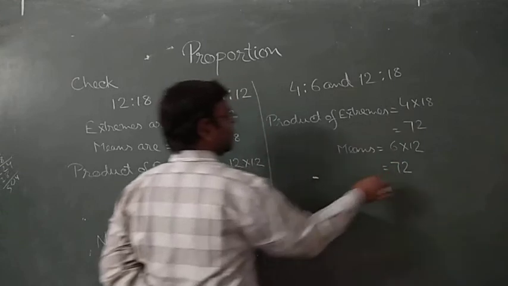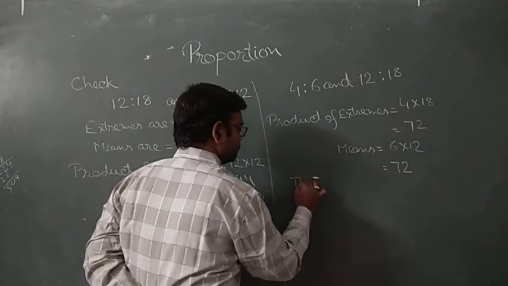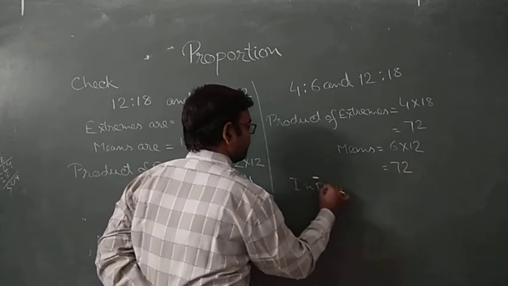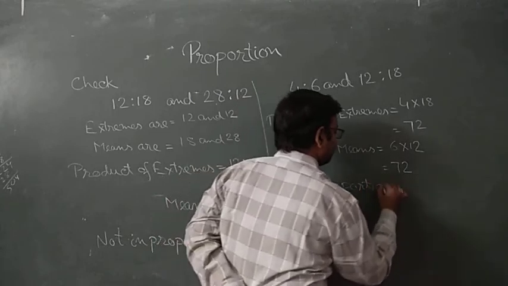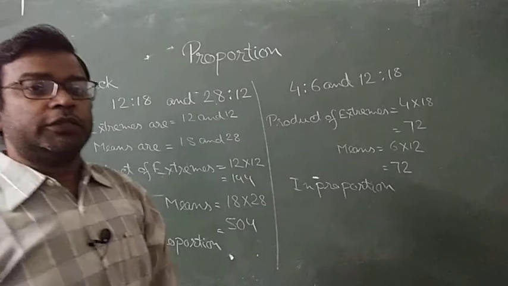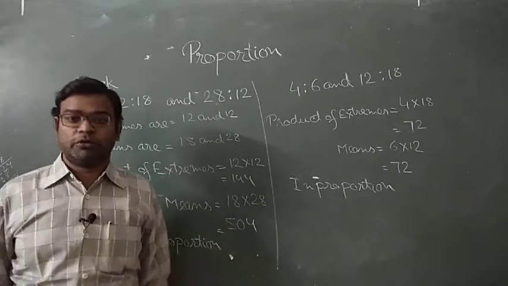So these two are equal, product of extremes equals product of means, then they are in proportion. This is your checking whether the given ratios are in proportion or not.